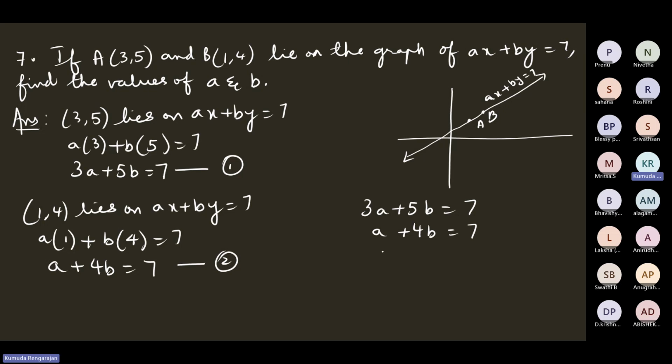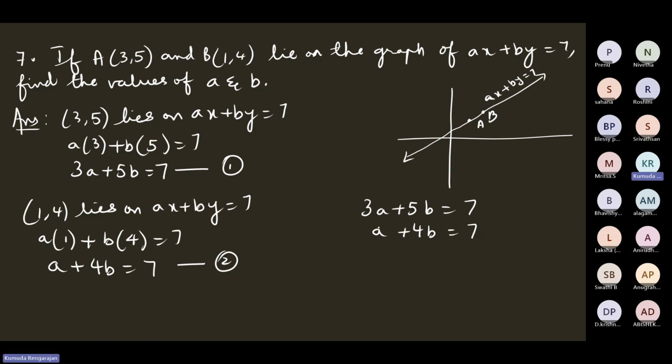Now, the a terms in both must have the same coefficient, or the b terms in both must have the same coefficients. Here in the first equation, the coefficient of a is 3. In the second equation, the coefficient of a is 1. They are different. In the first equation, the coefficient of b is 5. In the second equation, the coefficient of b is 4. Again, they are different.